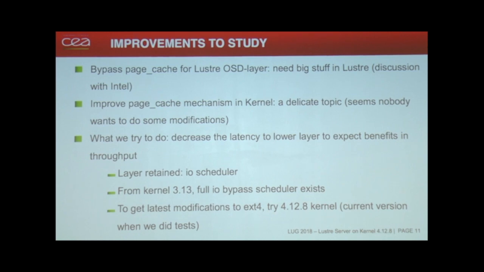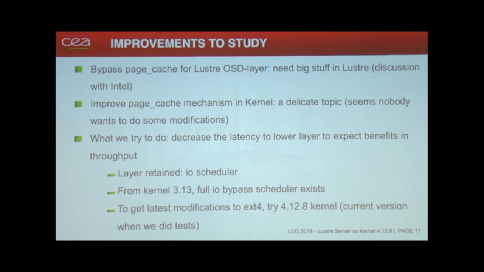What can we do for that? The first idea is, OK, easy way, can we bypass the page cache usage in Lustre? You can understand that that's not very simple, and we are in discussion with Intel on this point.